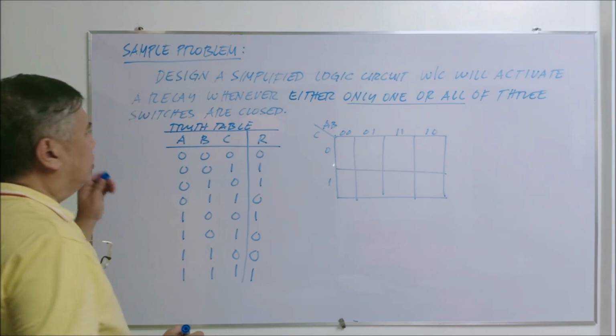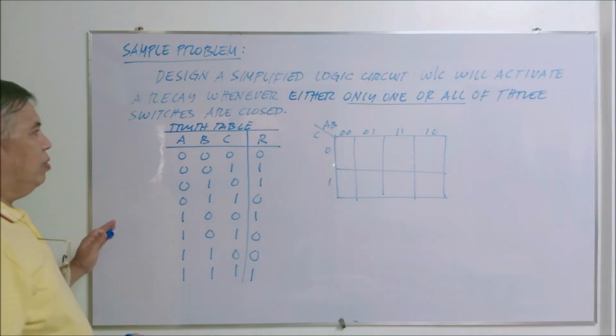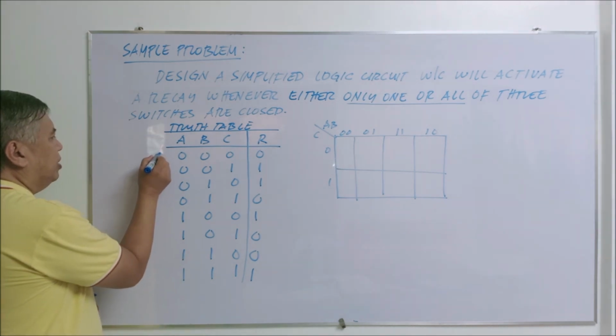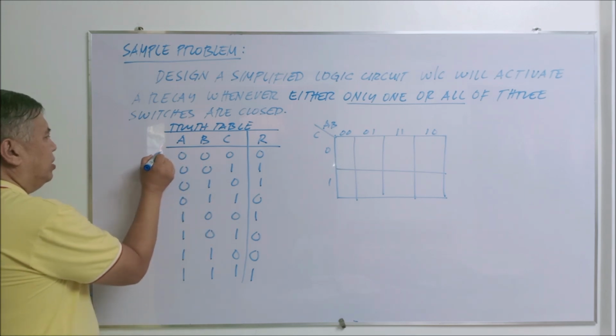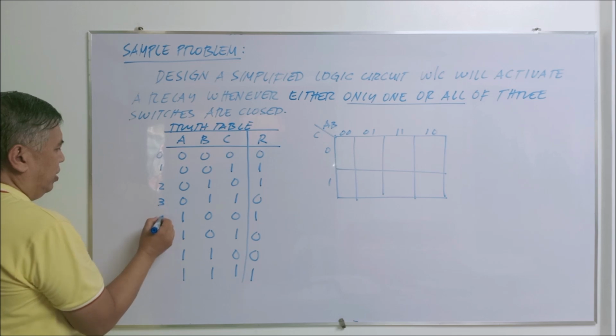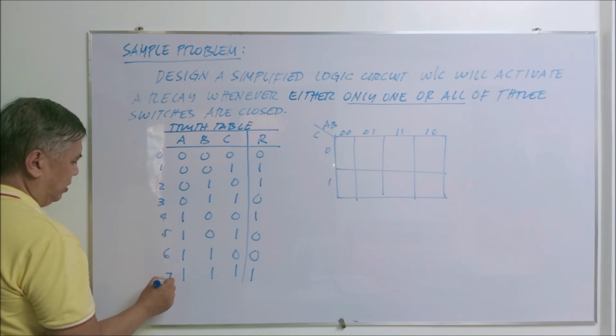Now, if we use the minterm, what will be our minterm equivalent here? We know that the decimal values of these combinational values are 0, 1, 2, 3, 4, 5, 6, and 7.